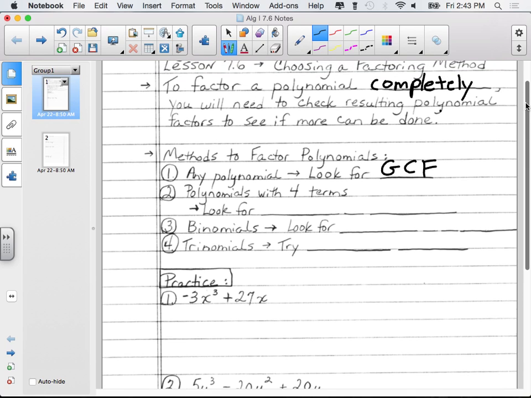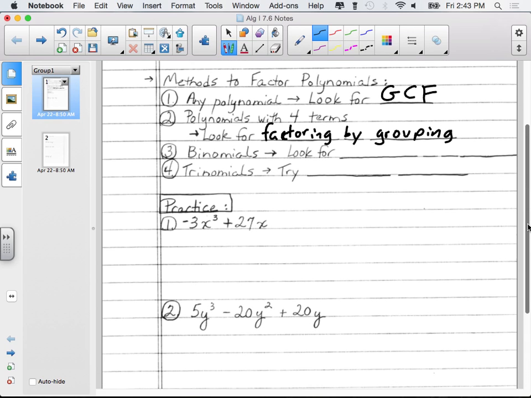Next one, for polynomials with 4 terms, we factor by grouping. Number 3, when we have binomials, what we were doing yesterday, difference of 2 squares.